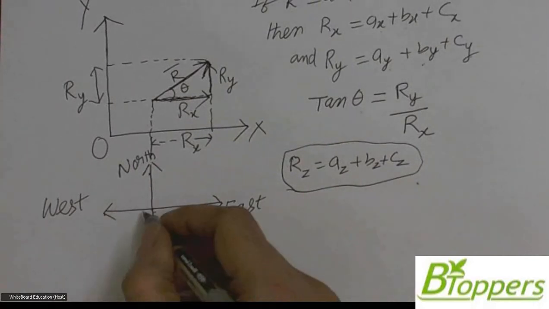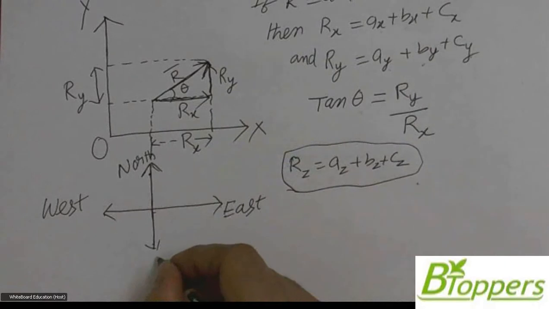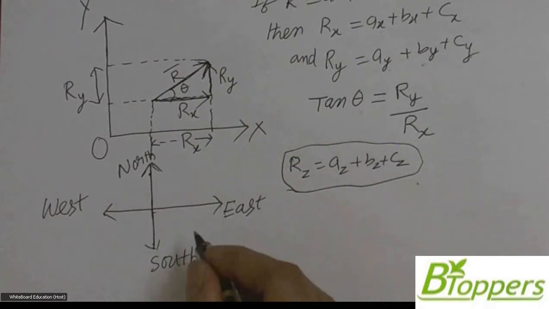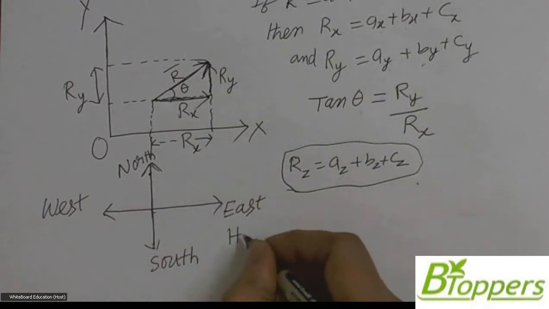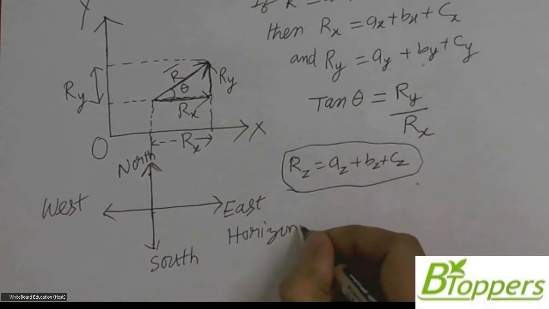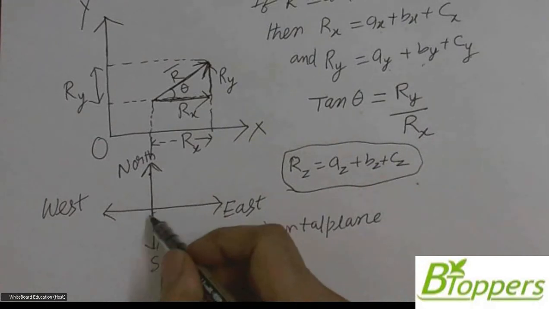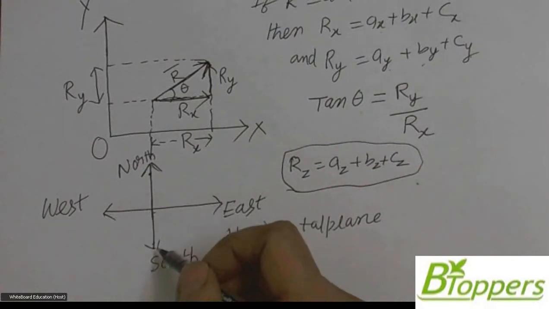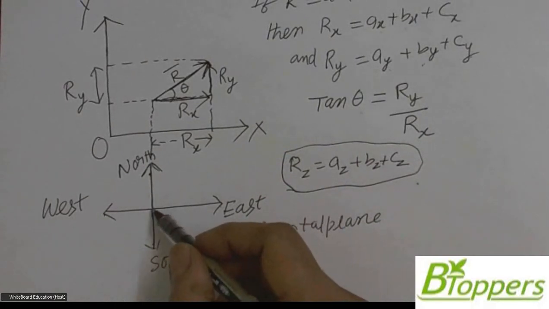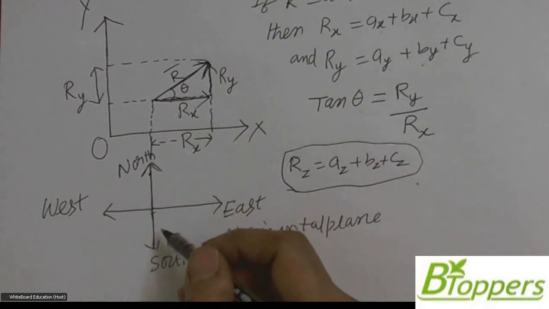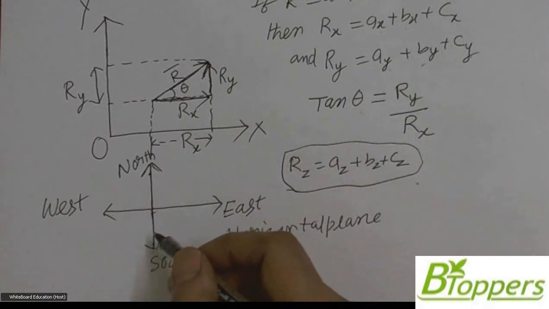The direction towards your left is the west direction. The north direction, in this way. But remember that this figure is in the horizontal plane. That means to understand the figure, you have to draw the figure on a paper showing these directions, east, west, north, south. Keep the plane of paper horizontal. Otherwise, you may have confusion because the plane of the screen which you are seeing on the computer is not horizontal. It's in the vertical plane.